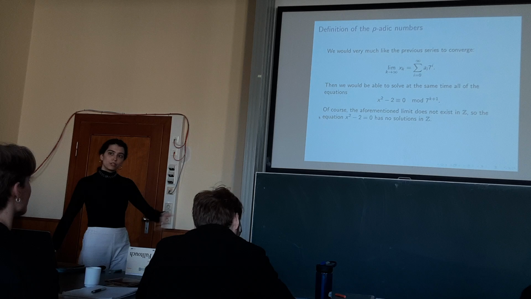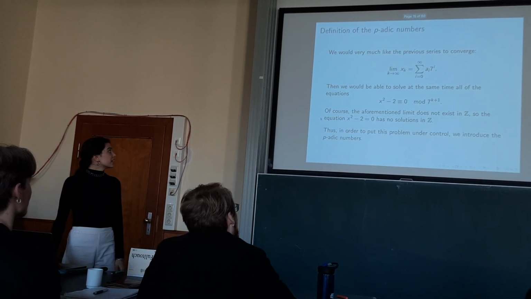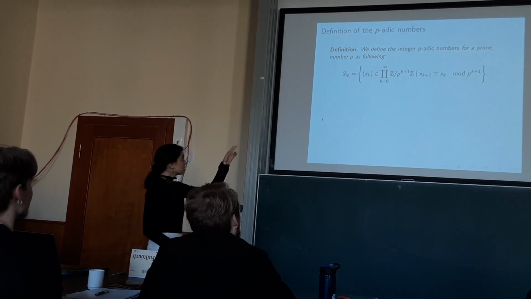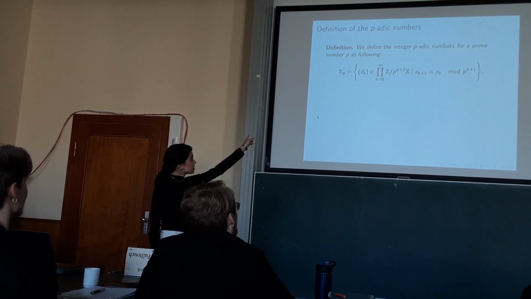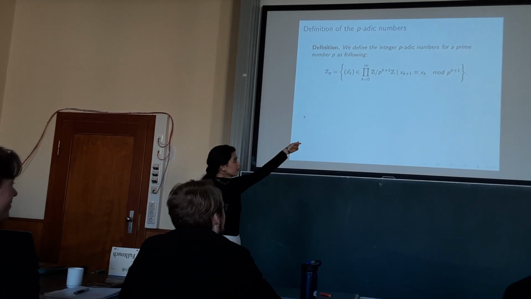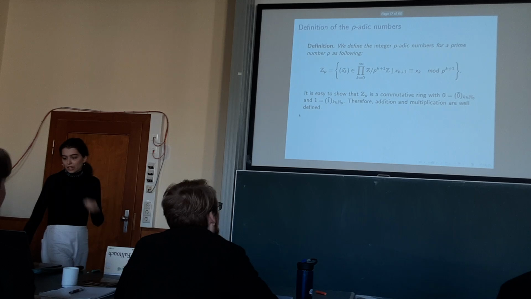Therefore, in order to put this problem under control, we introduce the p-adic numbers. So the definition of the p-adic integers is the one that you can see, which uses the process we followed to solve the equation.